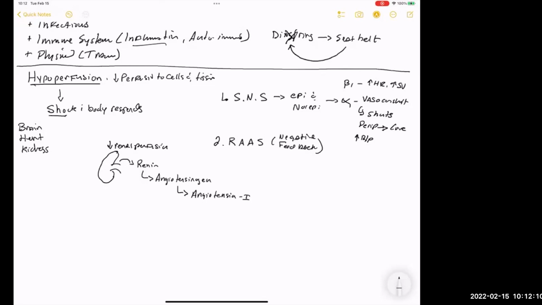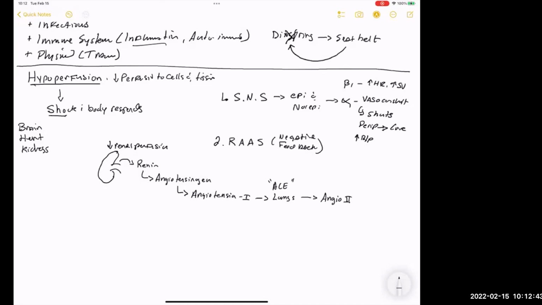And then the angiotensin 1 circulates through the lungs, where an enzyme in the lungs called ACE is created. So angiotensin 1 encounters ACE. ACE stands for angiotensin converting enzyme. And that converts angiotensin 1 into angiotensin 2.